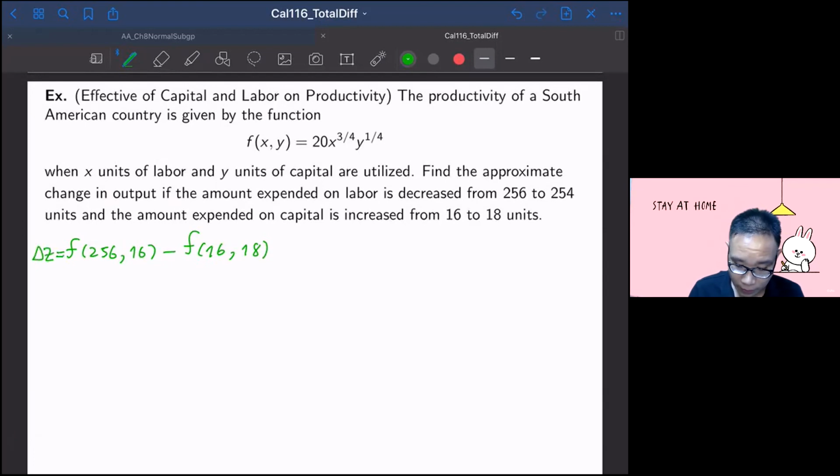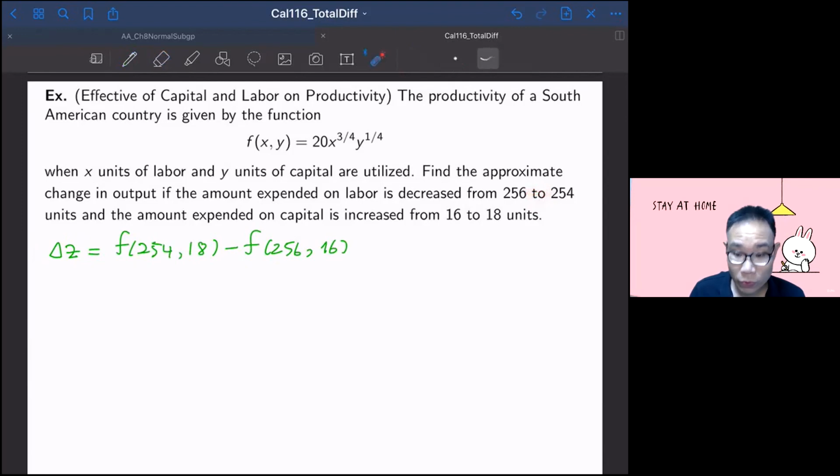Sorry, I switched it: it's going to be f(254,18) subtract f(256,16). So you see this one, 256 to 254, and 16 to 18.